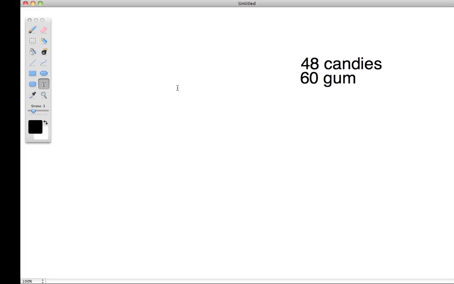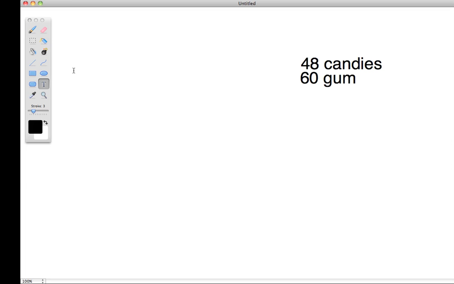Okay, so what I do when I'm working this out is I will take, for example, the number 48, and I'll find out what all the factors are that multiply together to give me 48. So, for example, 48 is 3 times 16, and 16 is 2 to the 4th.